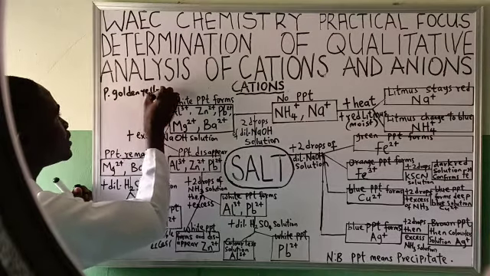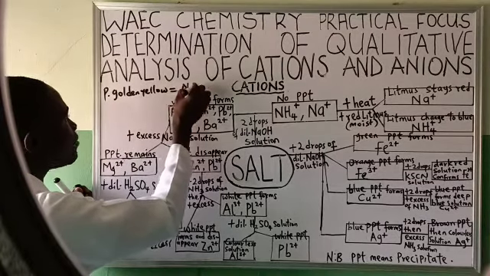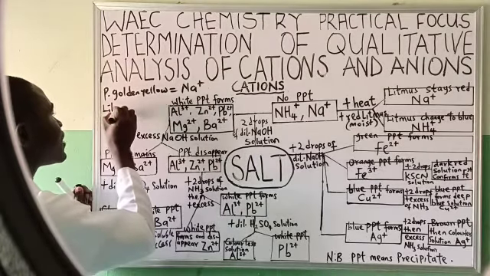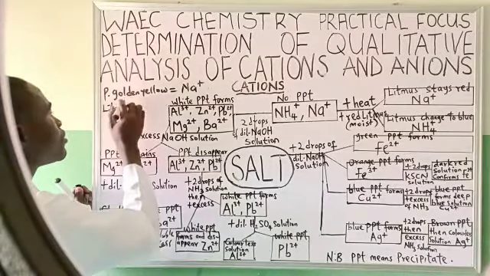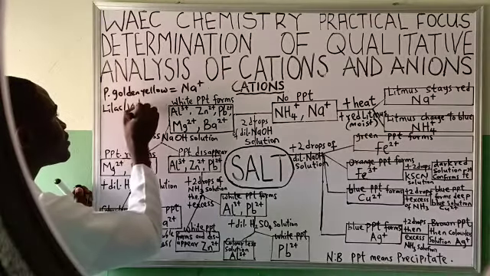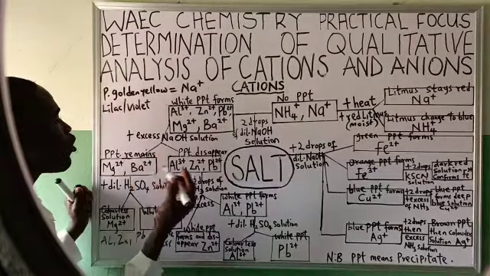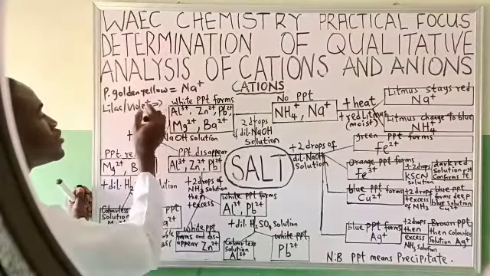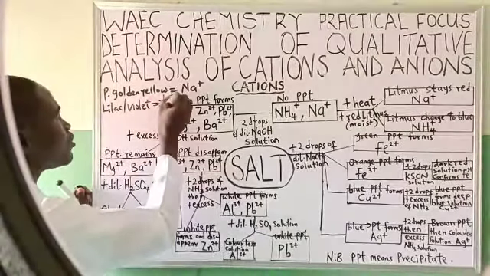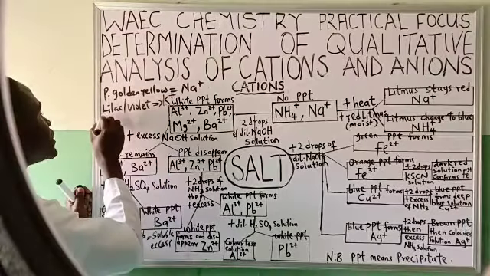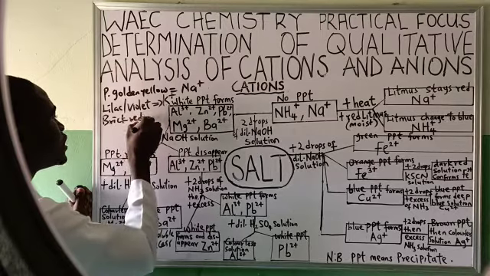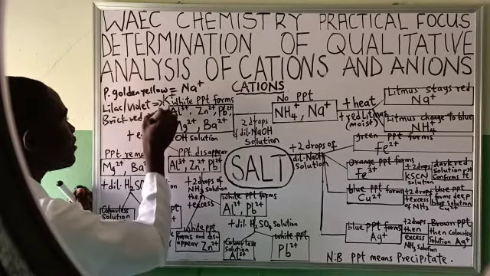Now, if the color is persistent golden yellow, it means you are talking about sodium ion. If the color is lilac or violet, that is purple, it means potassium ion. If it is brick red, it means calcium ion.